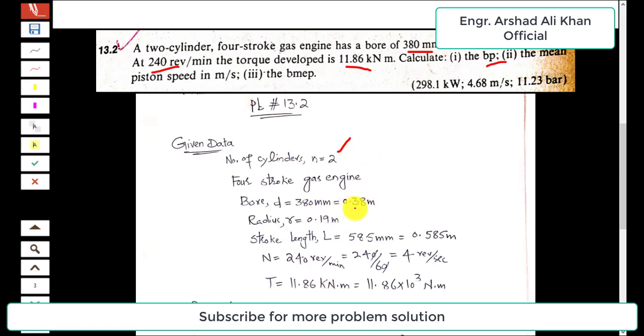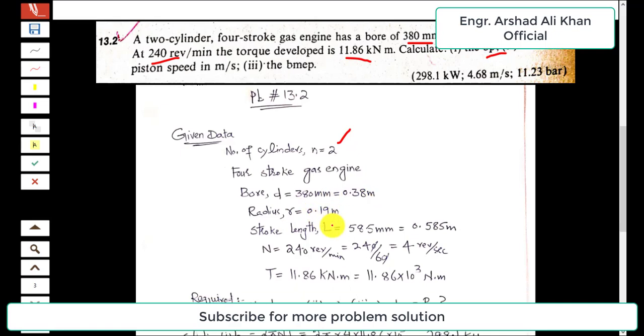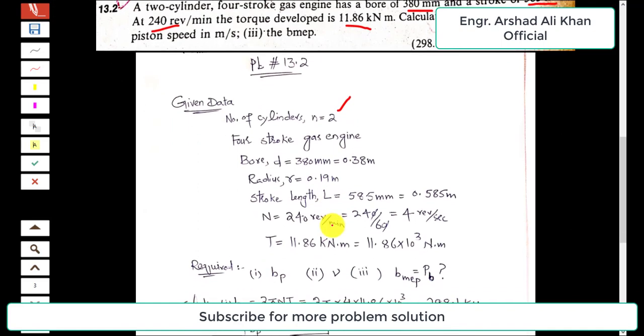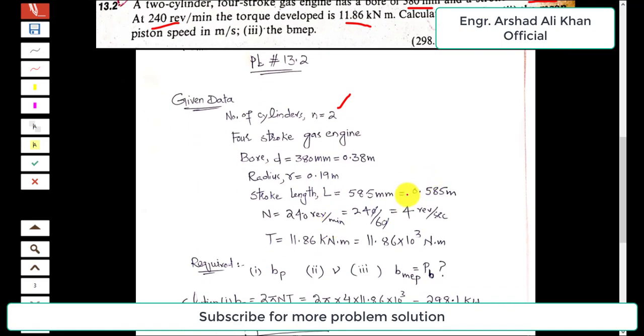So it becomes 0.38 meter. Further, radius is required in calculation, so this value is converted to radius, which is 0.19 meter. Stroke length is given as 585 mm, which is 0.585 meter.